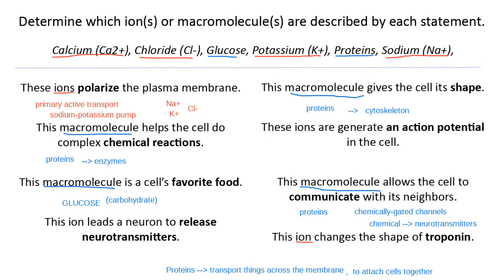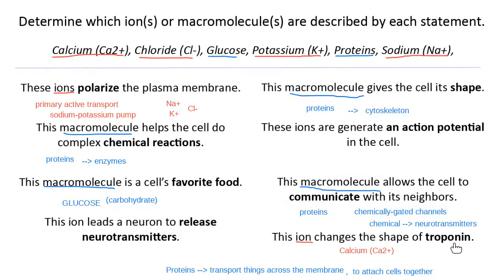Which of those ions can attach to troponin? Who's able to do that? Yeah, calcium. Calcium is my ion that attaches to troponin. Remember that troponin is like a pushpin. If calcium attaches to my pushpin protein, my pushpin pops out.